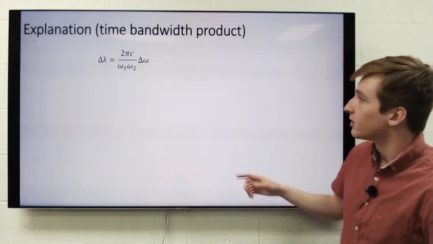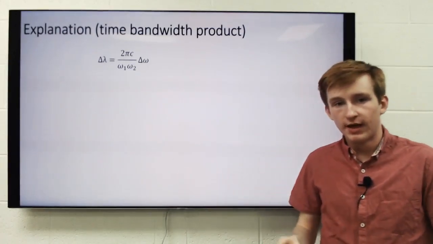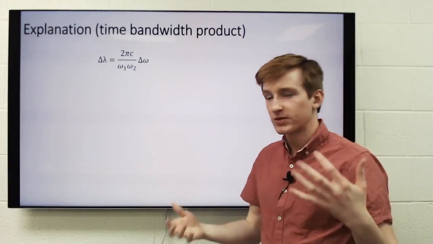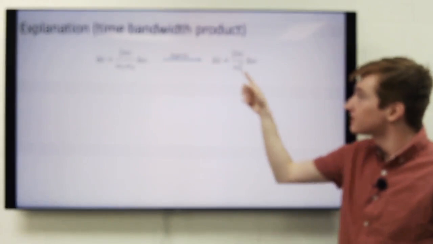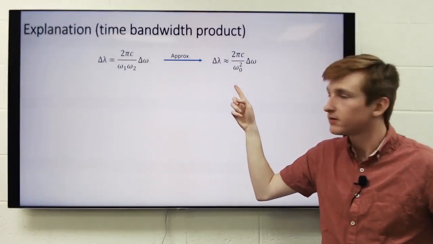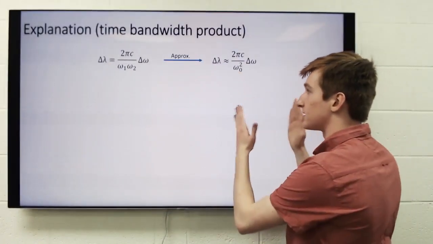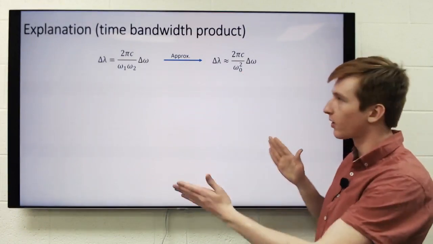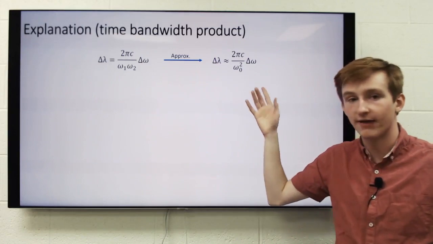So we have this term here, omega 1 times omega 2. And since omega 1 and omega 2 are to the left and right of sort of almost a Gaussian-looking spectrum, we can approximate this with the central angular frequency squared, right? Since they're symmetric about the center, we can just replace this product with the central frequency squared, because one's a little bit lower, one's a little bit higher. We can replace it with the average squared.